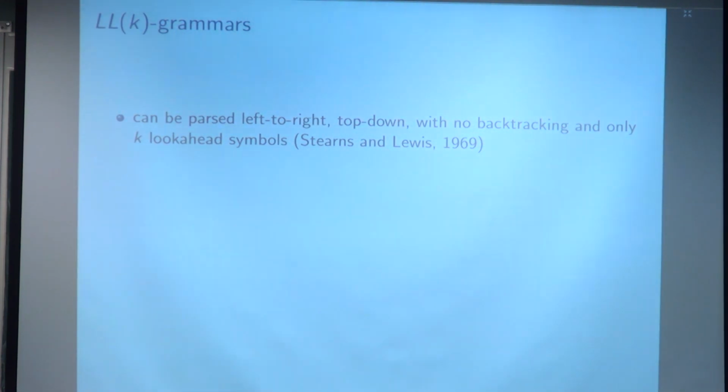LL(k) parsers are probably one of the most known formal grammar parsers because they're simple and also quite expressive. Not as expressive as some other linear time parsers like parsing expression grammars, but still.